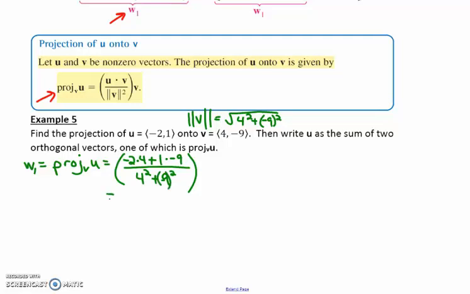Okay, so our numerator, we get negative 8 plus negative 9, so that's negative 17. And then 4 squared is 16. Negative 9 squared is 81, so that's going to give us 97. So that's the first piece, but then we need to multiply by our vector there. So that vector was 4, negative 9.